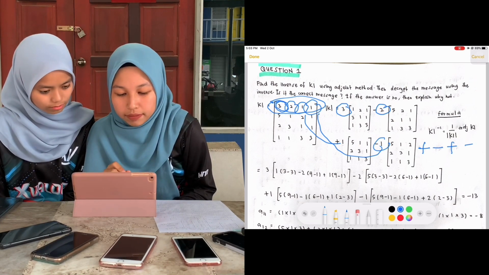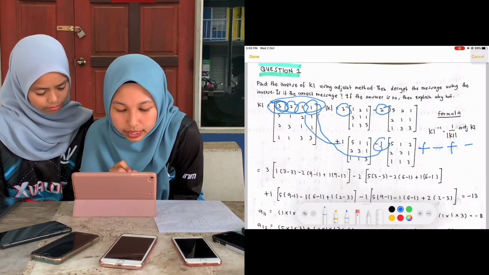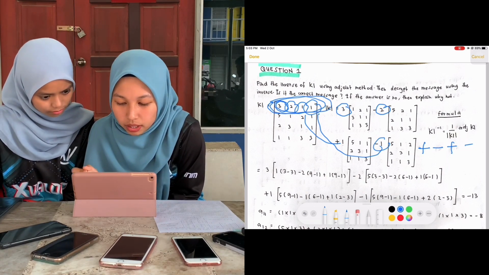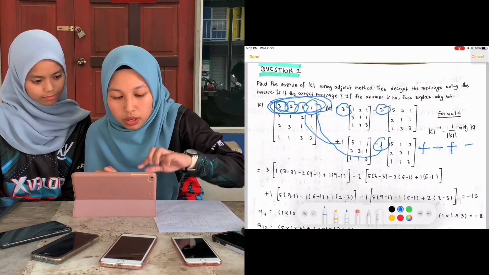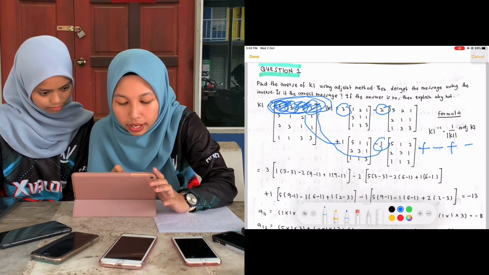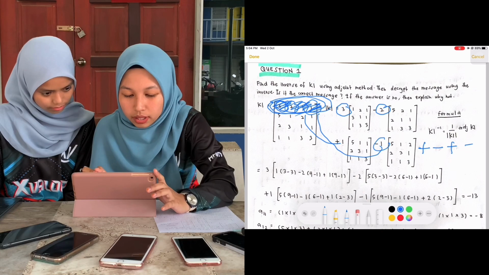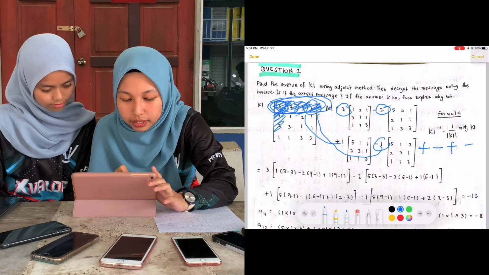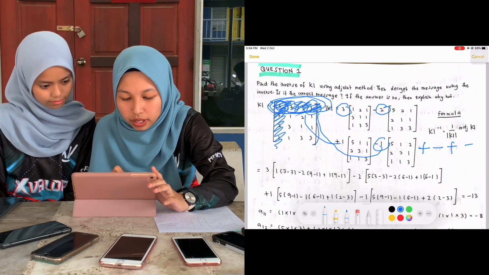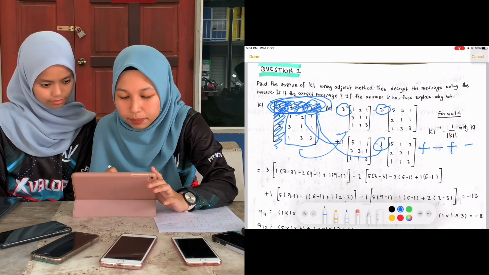After we have done this, we proceed to the next method, which is we cover the first row that we have chosen, and then we cover the first column. We get the 3 by 3 matrix and put it here.